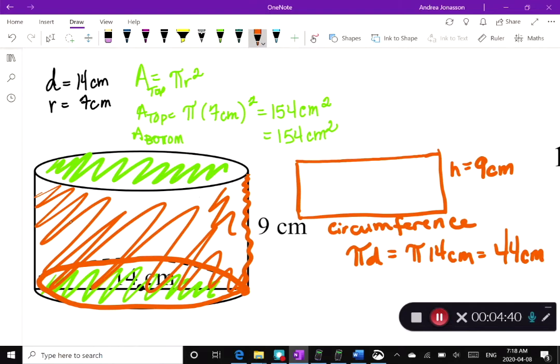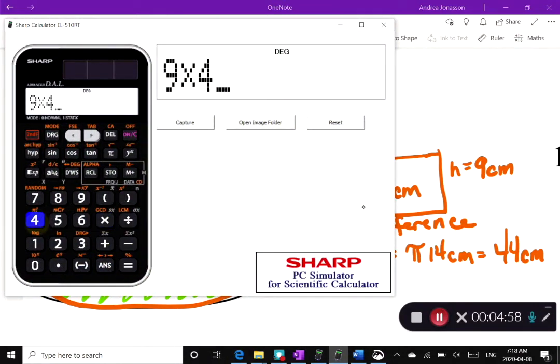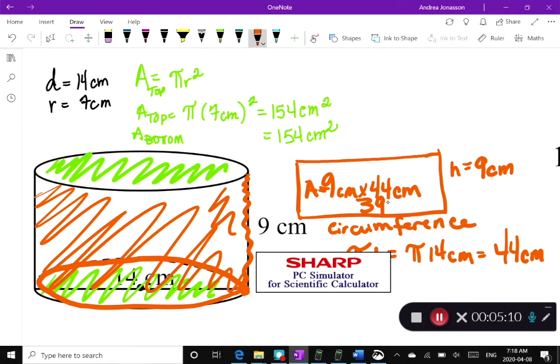So the area of the side happens to be 9 centimeters by 44 centimeters, and that will be 396 square centimeters.